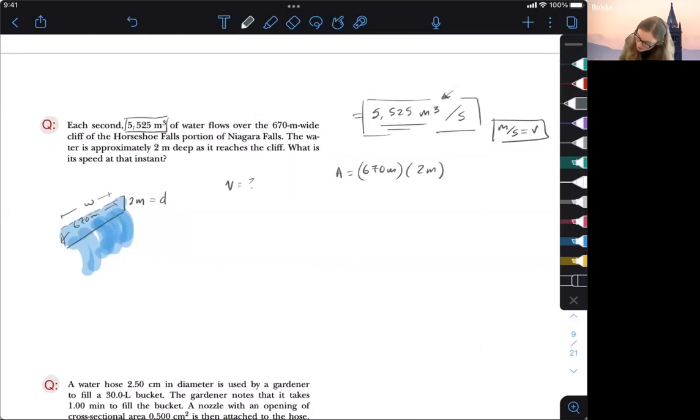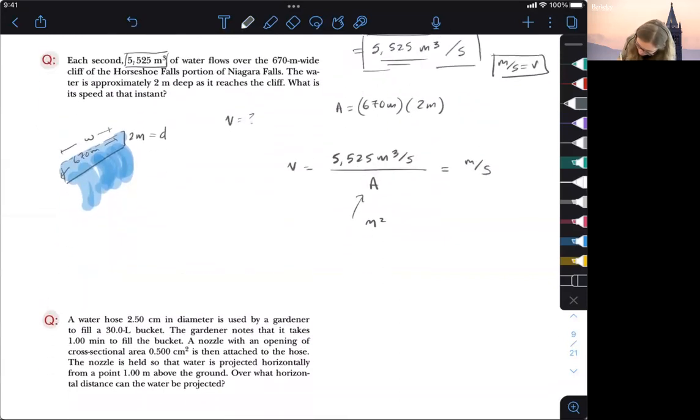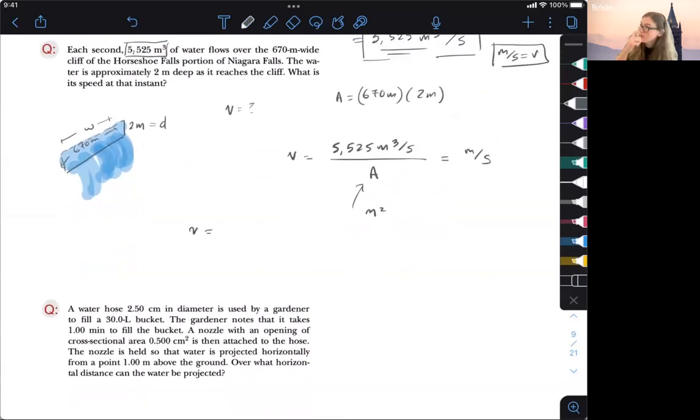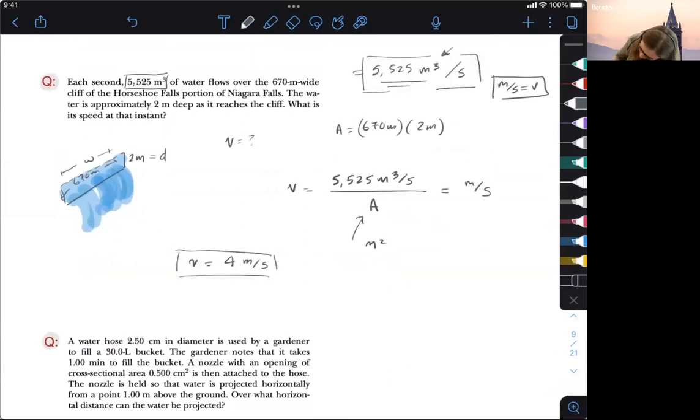Let's figure out how quickly it goes by taking this flow rate they gave us, 525 meters cubed per second, and dividing it by the area, meters squared, so that we get meters per second for our velocity. This is just an algebra thing, where the velocity of our water is going to be equal to 4 meters per second if we plug in all of our values. So our area is equal to 1340 meters squared.